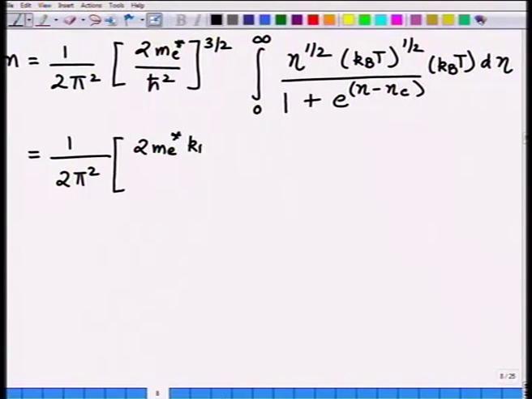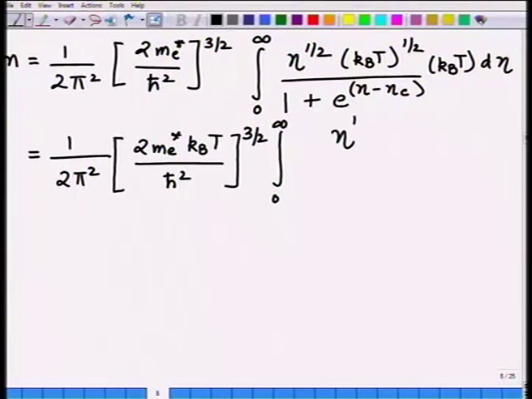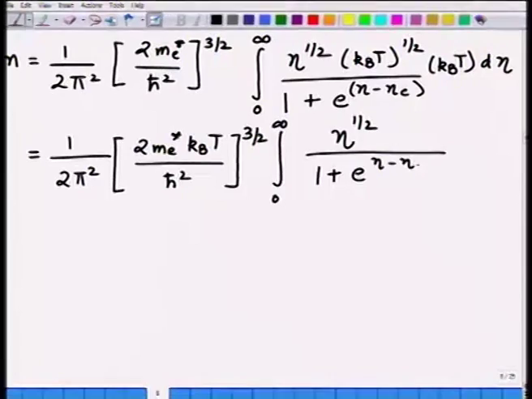I am going to include now KBT here, h bar square to power 3 by 2. I will take KBT out, that means 0 to infinity eta to power half divided by 1 plus e to power eta minus eta c d eta.